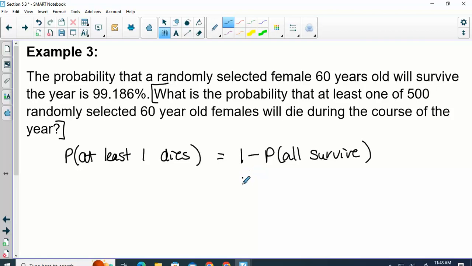And it's pretty easy to find the probability they all survive. If I have 500 people, what would I have to do? So we're just really using the complement here.